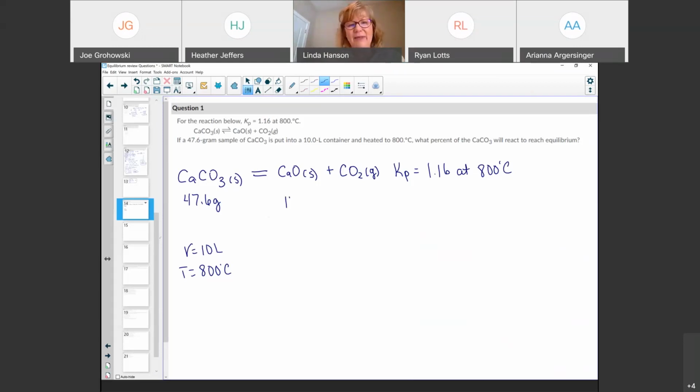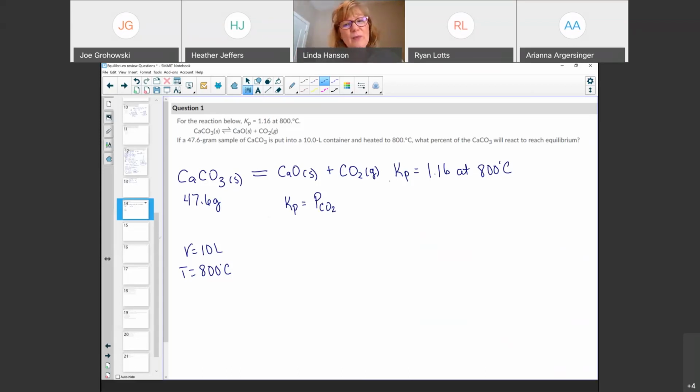Well, I know that Kp, just in terms of its expression, is related to products over reactants, but only for things that are in the gaseous phase. So it's equal to the partial pressure of carbon dioxide, and that's it, isn't it? There's no other pressure for gases to consider.